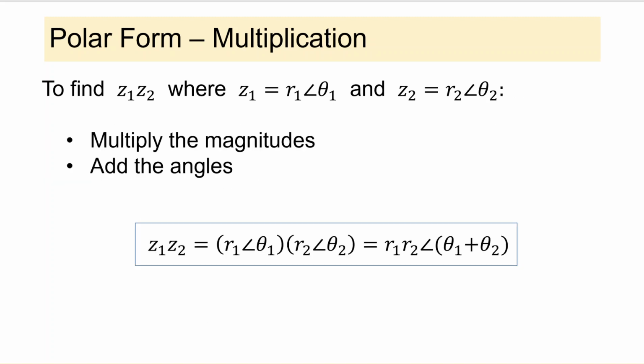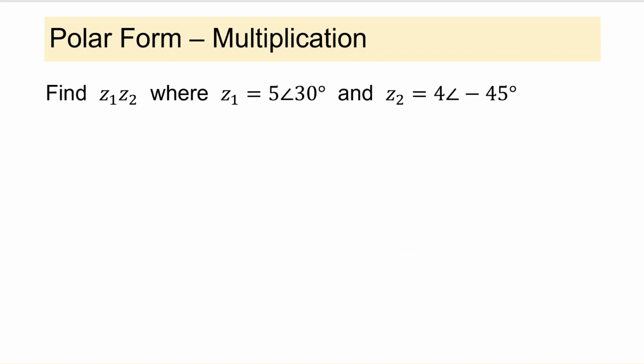So if you want to multiply complex numbers in polar, what are you going to do? You're going to multiply the magnitudes and add the angles. So Z1 times Z2 would just be R1 times R2, angle theta 1 plus theta 2. So it is actually quite convenient if you're working in polar and you want to multiply.